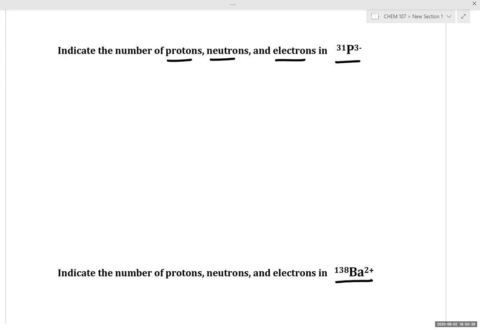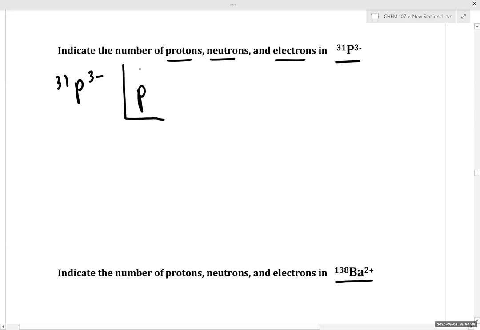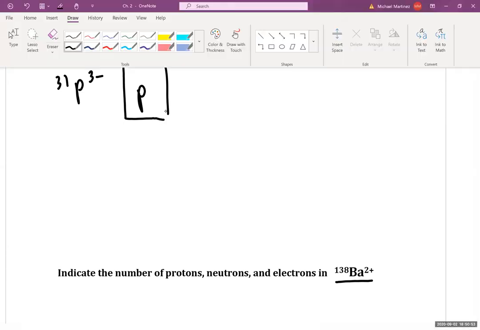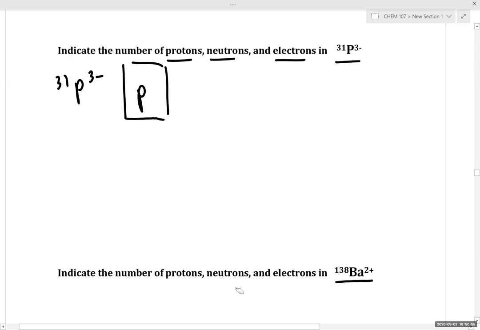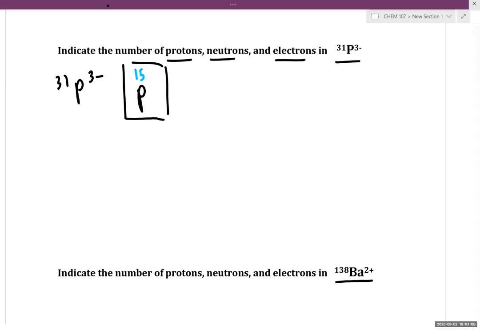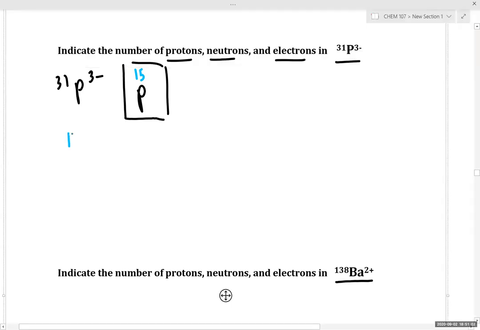Okay, let's discuss these examples. First we have phosphorus 31, 3 minus. For phosphorus, what is the atomic number in the periodic table? Let's get some responses in the chat. 15. Okay, perfect. So our number of protons is equal to 15.